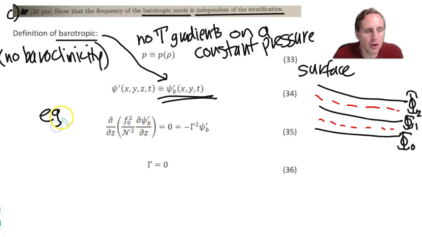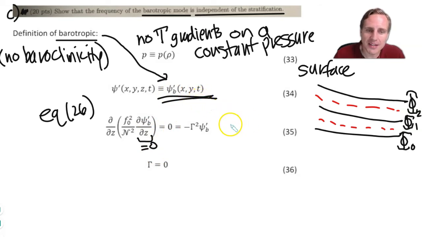So remember equation 26, and that was the definition of the vertical mode, the capital gamma squared. If you plug psi prime into this equation, notice that this vertical derivative right here is going to be 0 because psi prime does not depend upon z at all. That's to say that it's going to be independent of stratification.